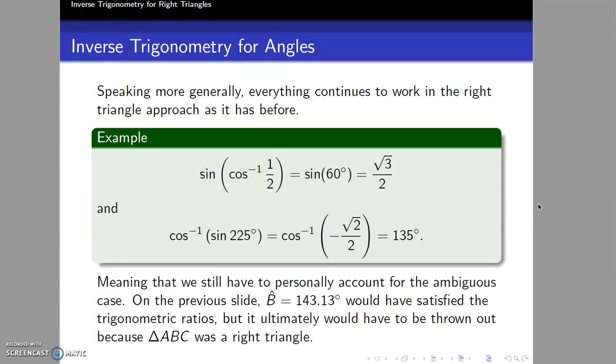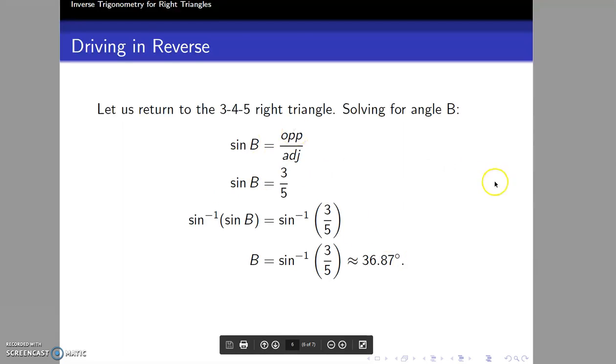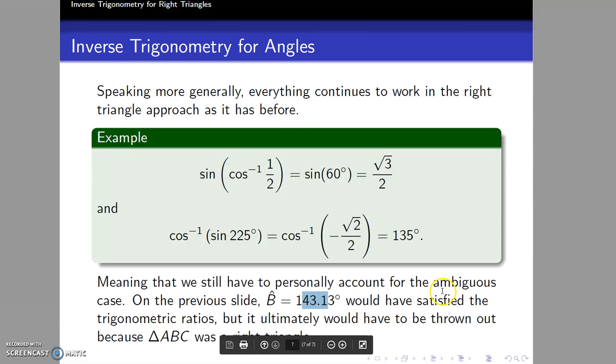But that means that we still have to handle the ambiguous case ourselves. This is looking a little beyond what we're doing in this section and more to what's happening next time with the law of sines. We ourselves have to account for the ambiguous case. Because you know what else satisfies sine of something being 3/5? 143.13 degrees.